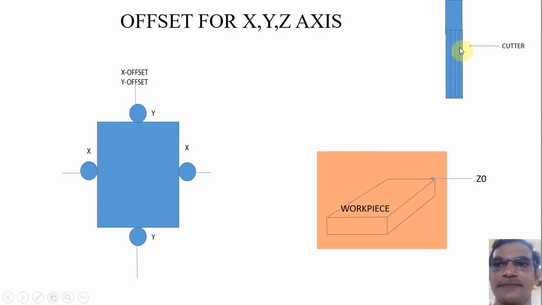From the reference point, slowly bring down the cutter to touch on the work surface. When the tool is touching the surface, go to offset page against tool number. For example, this is tool number 1. Against tool number 1, against Z, you just double click, the value will become 0.